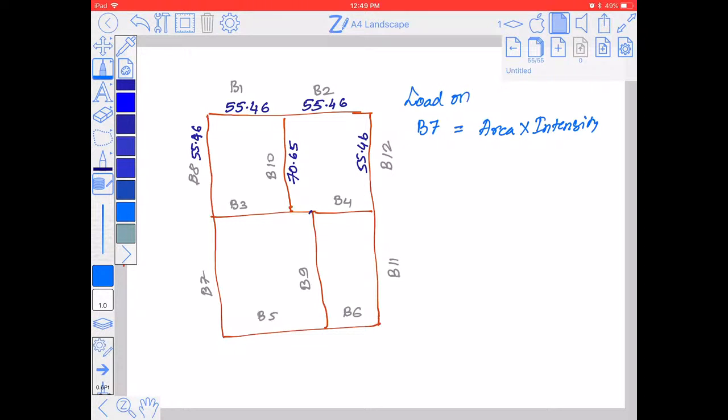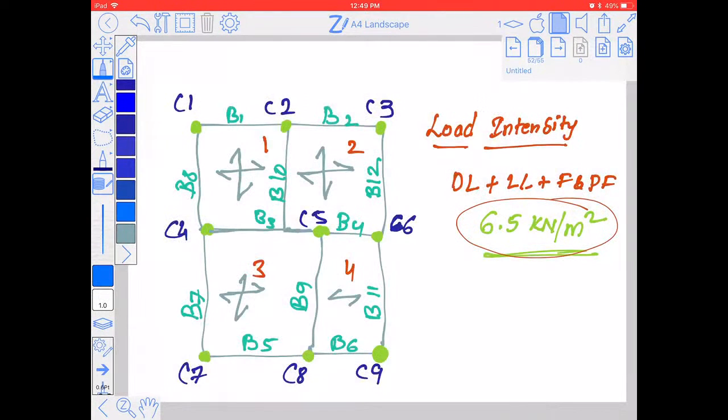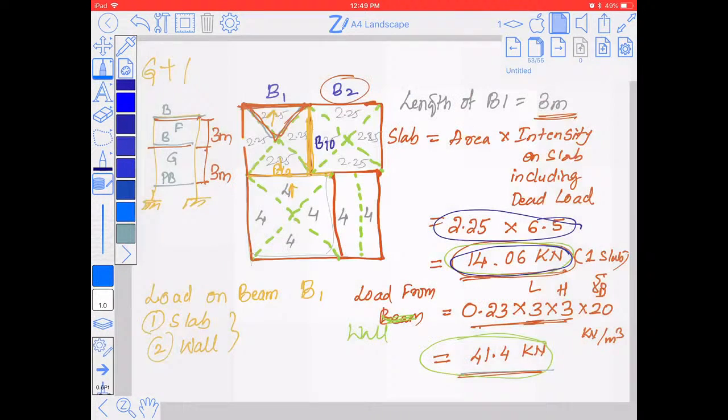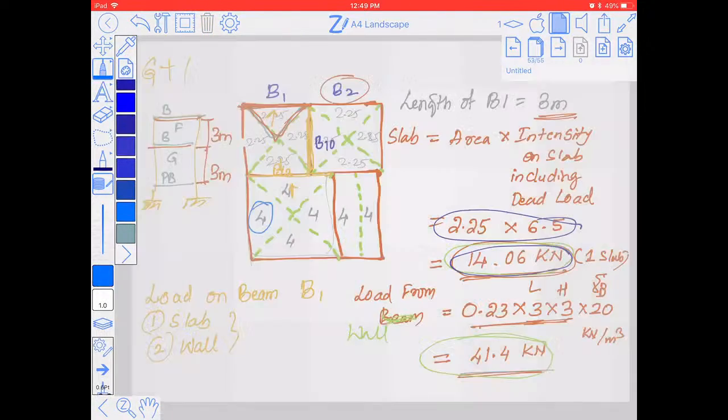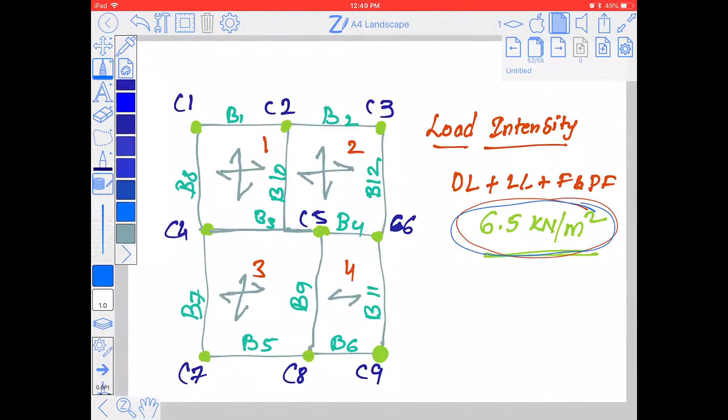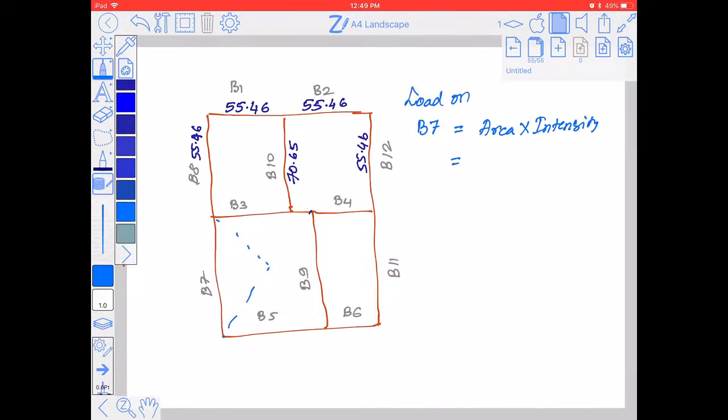The area of this triangle, people have already calculated. The area of this portion is 4 square meter. The intensity we have already calculated is 6.5, and it will not change. So the area is 4 square meter into intensity 6.5. What is the total load from the slab to beam B7? Can you calculate and tell me?